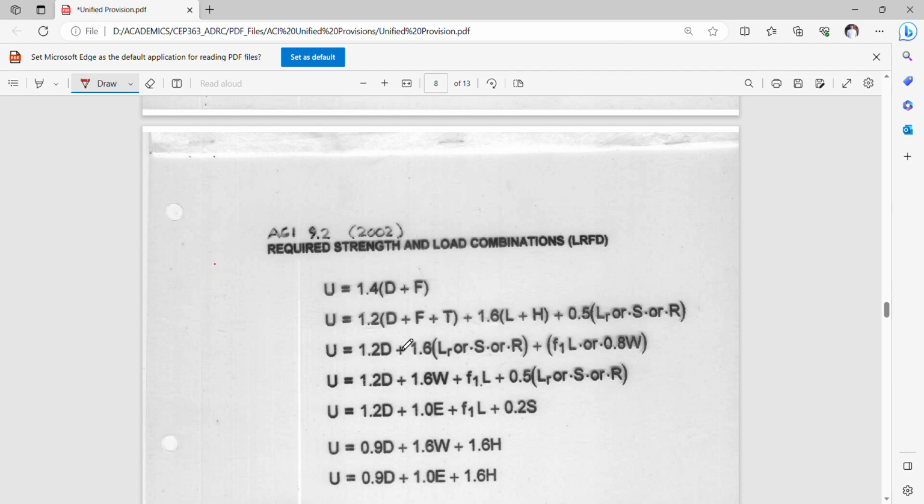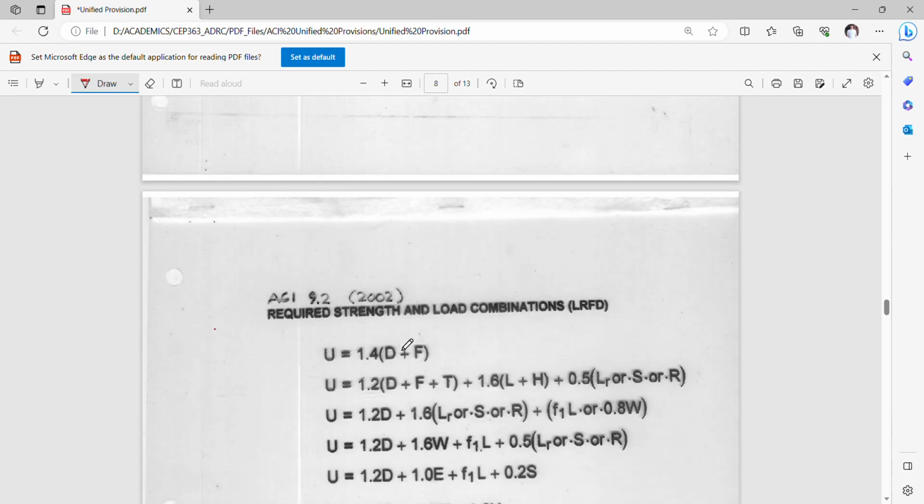Okay, guys, let's continue our discussion on load combinations this time. So, in my last video, I discussed the strength reduction factors. Tonight I'll be giving you some information on the ACI load combinations as well as the NSCP load combinations.